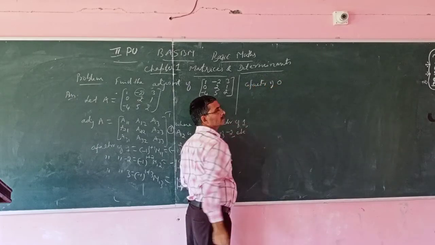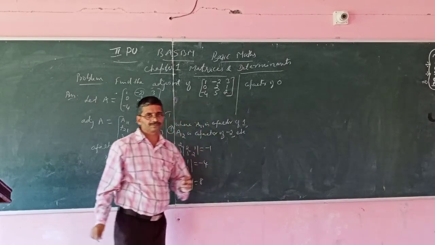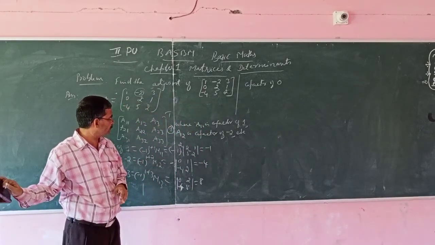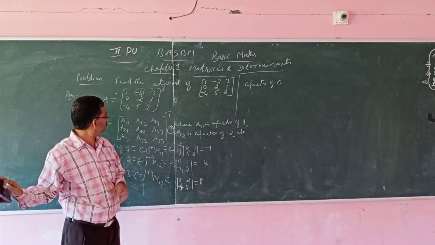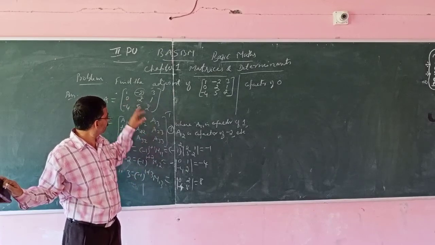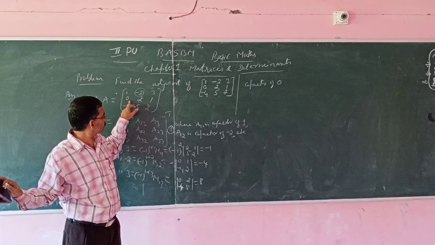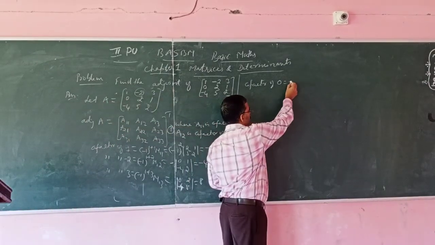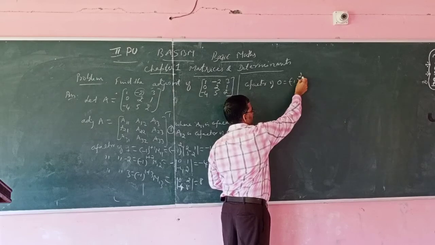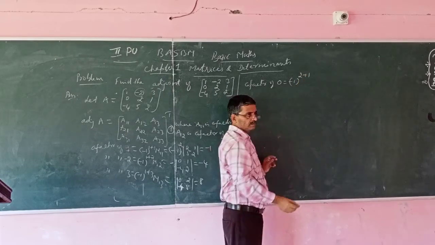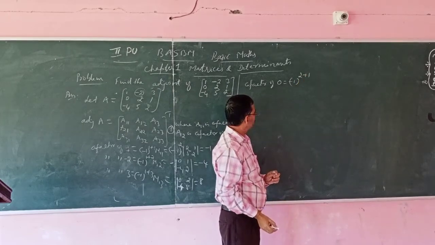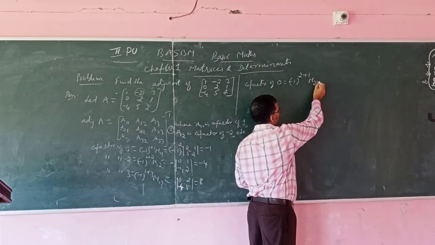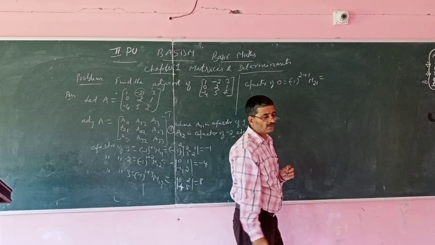Cofactor of 0 is how much? Minus 1 to the power 2 plus 1, second row first column, m21.